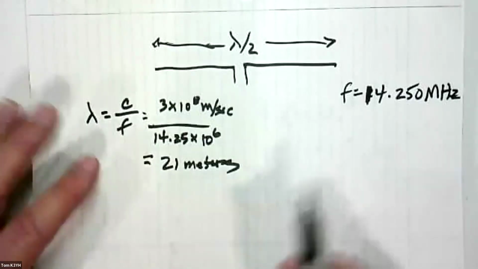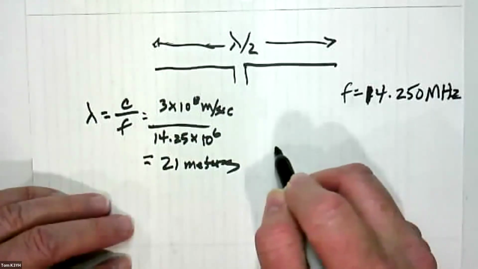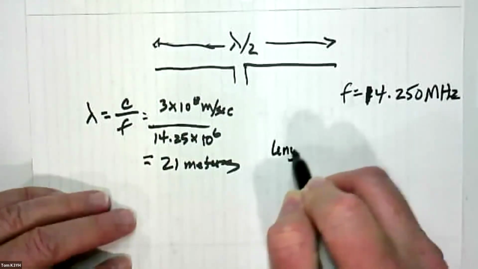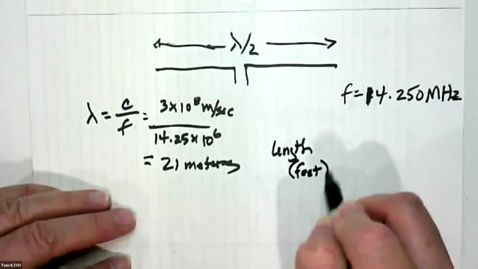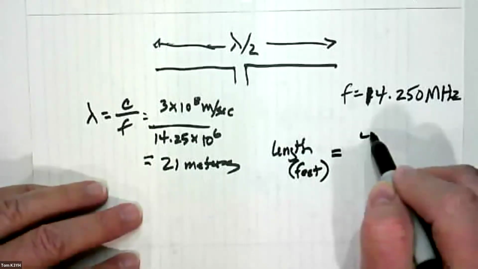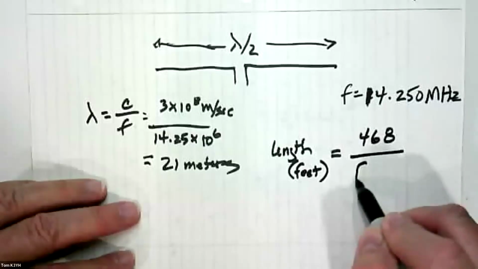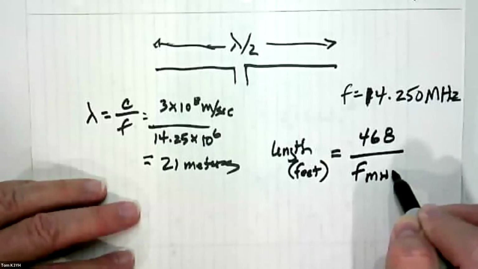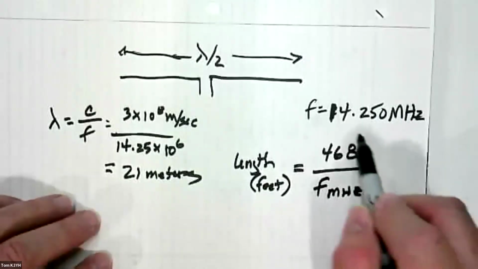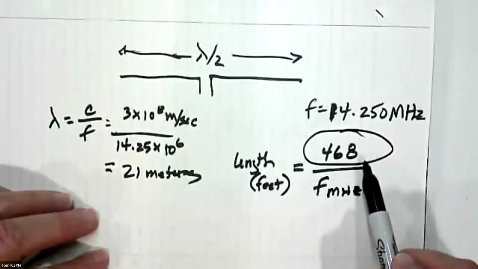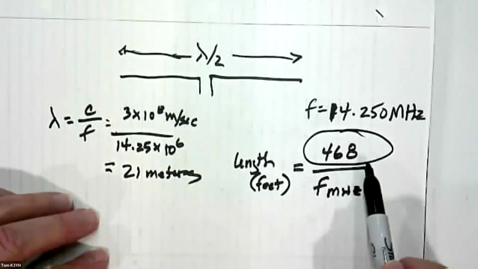We have a rule of thumb for a half wavelength antenna that says that the length in feet is equal to 468 divided by the frequency in megahertz. Use this number. The book has a different number. Don't use the number in the book.